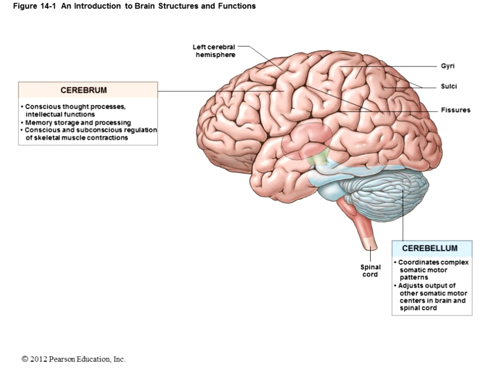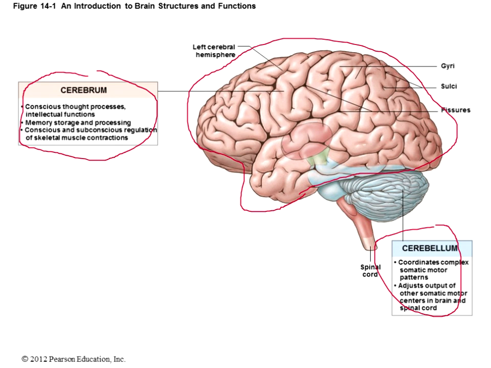All right, and you can see those 2 components here. Cerebrum here, cerebellum here, right? So cerebrum is this big, large component. This is where it has all those higher level functions: conscious thought processes, intellectual functions, memory, emotion, cognitive ability, etc. All these things are located in the cerebrum.